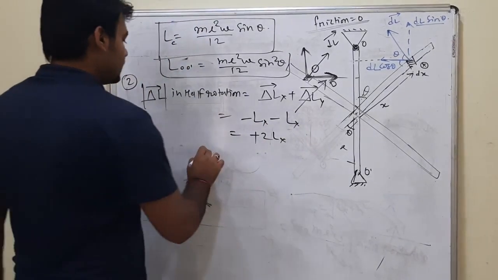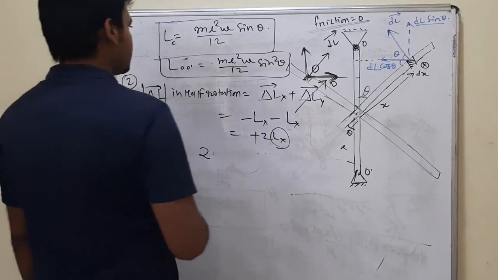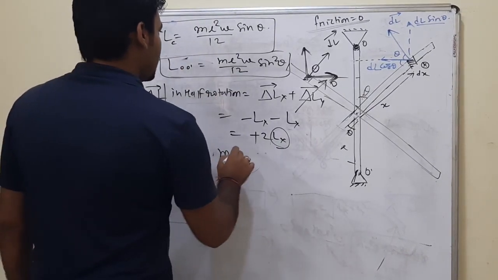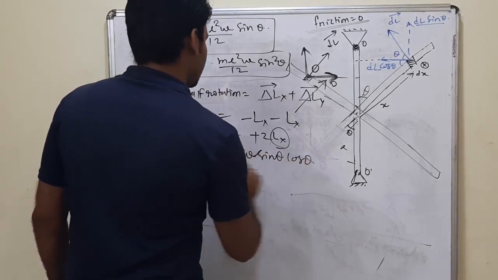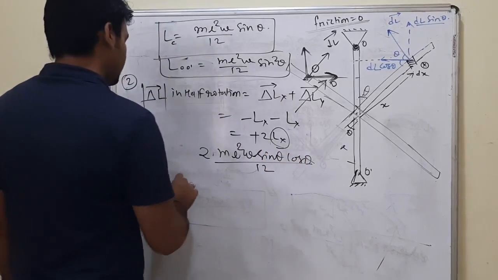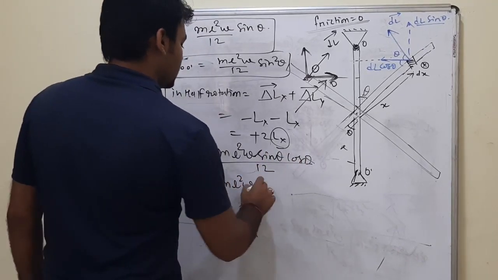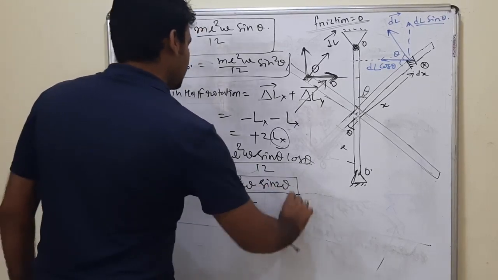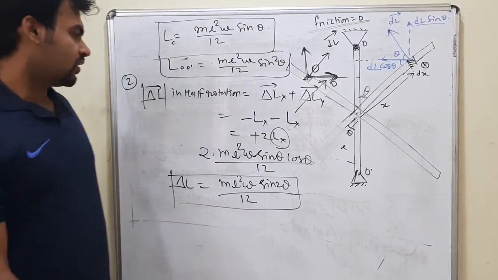It will be 2 times Lx. What was the value of Lx? The value of Lx was m l square omega sin theta cos theta divided by 12. So the final answer will be m l square omega sin 2 theta upon 12. That is the answer for the change in angular momentum in half of the rotation.